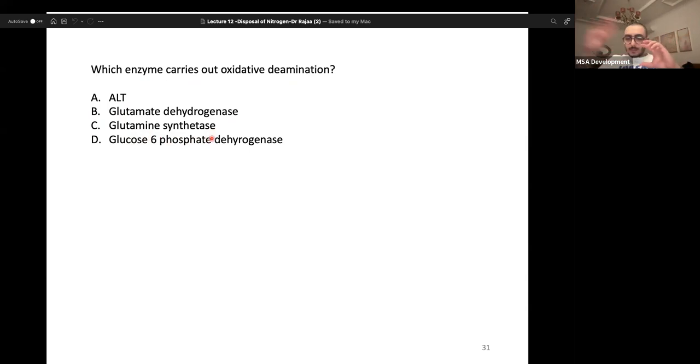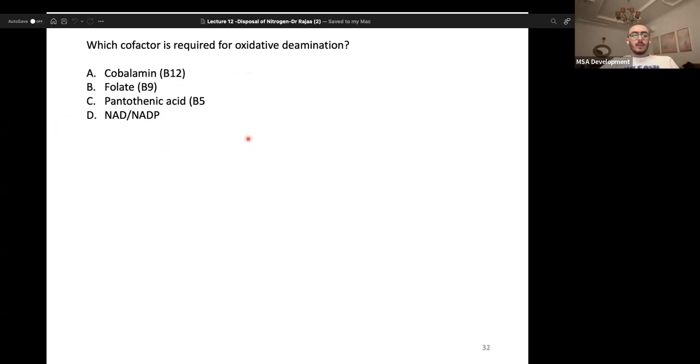Okay, this is a reaction alone. Oxidative deamination is carried out by glutamate dehydrogenase, which is D. Glucose 6-phosphate dehydrogenase doesn't make sense because it's not related to amino acids. It's all in glycolysis and gluconeogenesis.